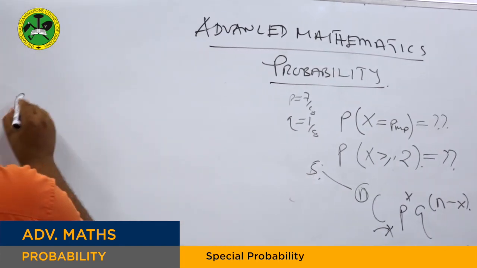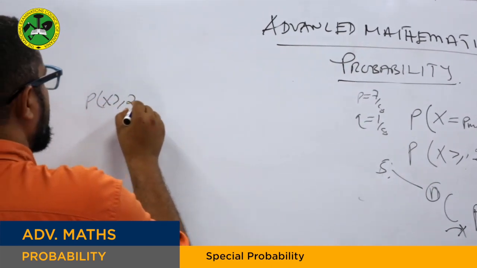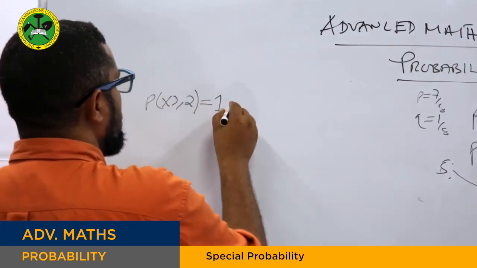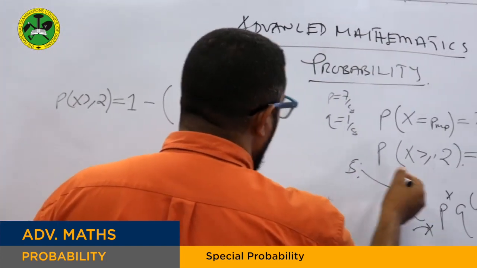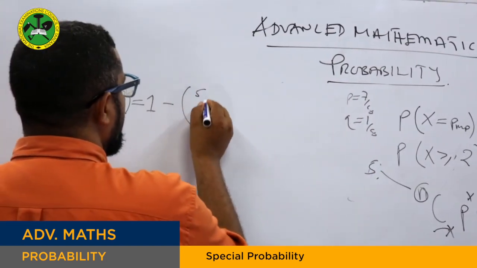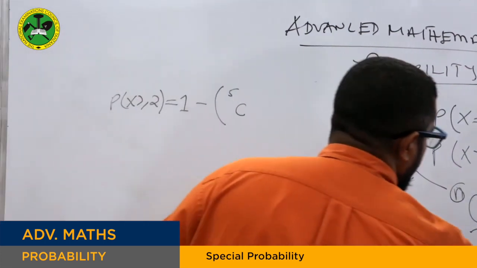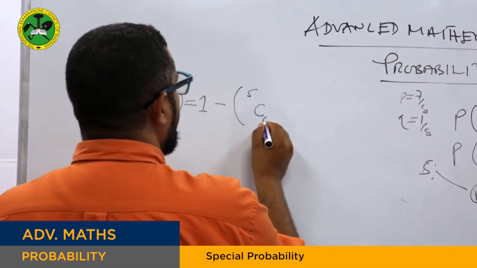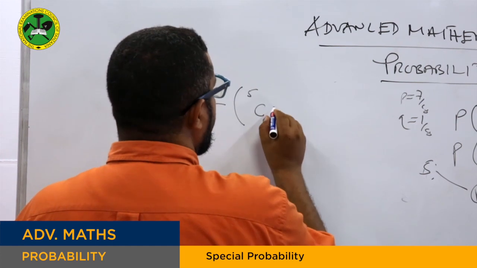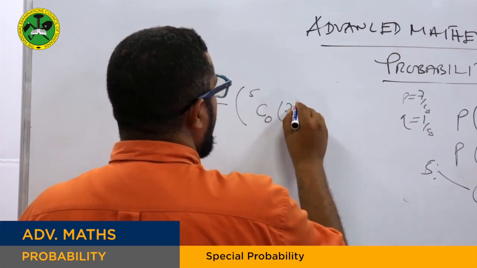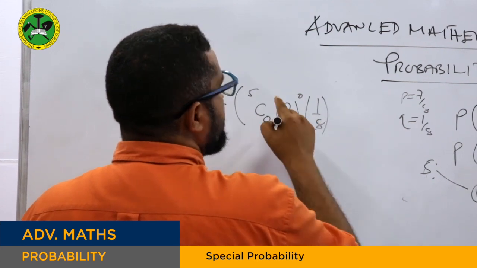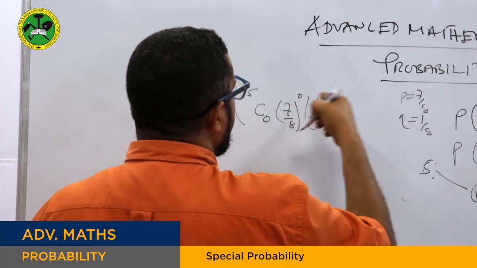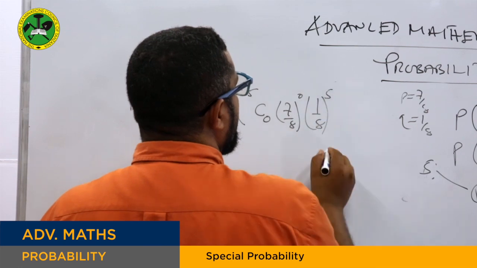Now, the probability of x greater than or equal to 2 will be equal to 1 minus. Let's go direct because we know the formula. Our n is 5, so it's 5 combination, starting with x equal to 0. Our p is 7 over 8 to the power of 0, then 1 over 8 to the power of n minus x, which is 5 minus 0, which is 5.